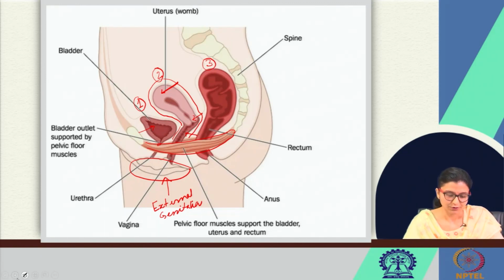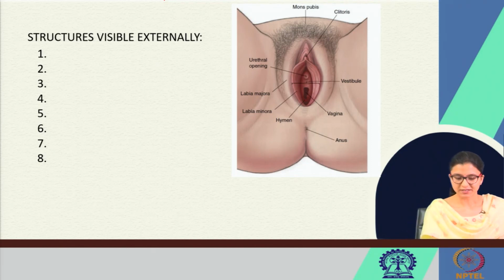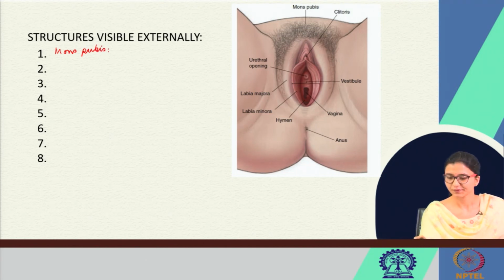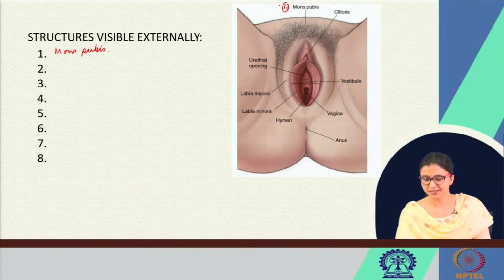Next, we will see the structures in the female external genitalia. First is mons pubis, number 1. Number 2 is labia majora. 3, labia minora.